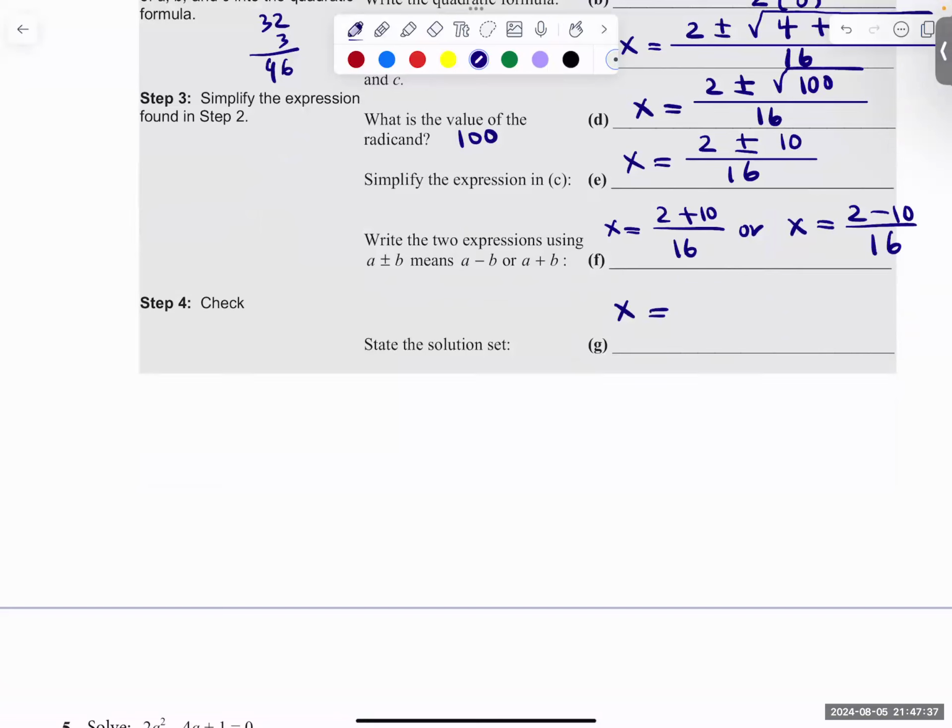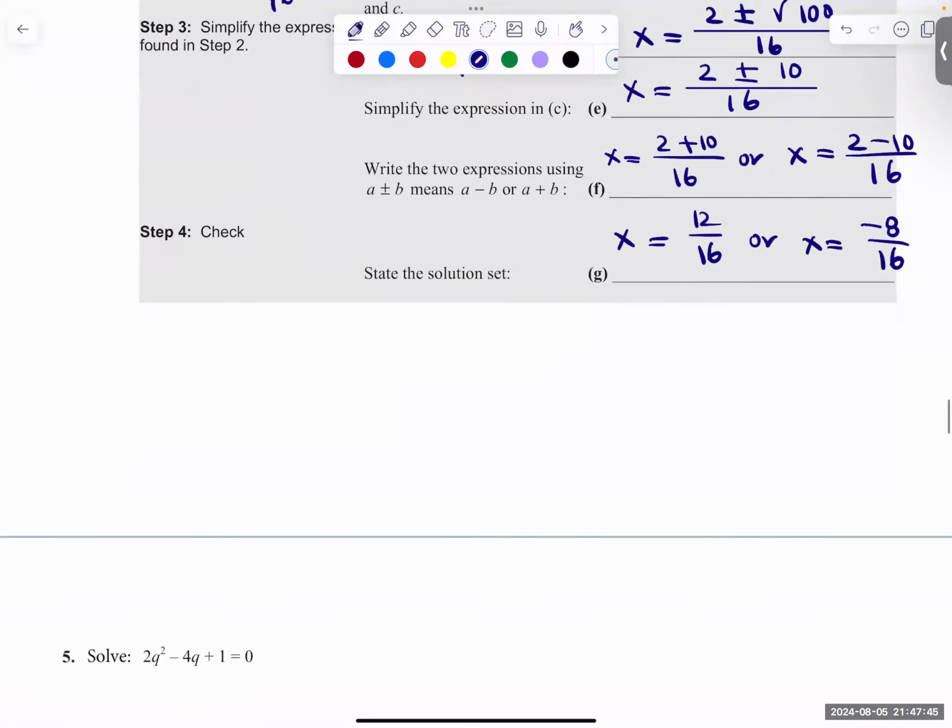So that's 12 sixteenths, which can be simplified, or negative 8 sixteenths, which can be simplified. So if we divide by 4, we have 3/4, or x equals negative 1/2.